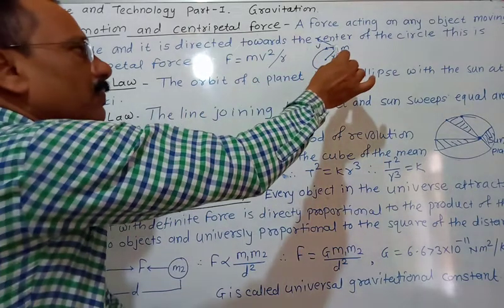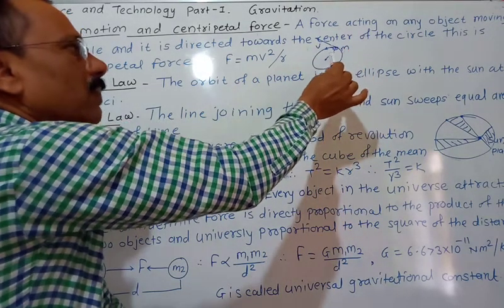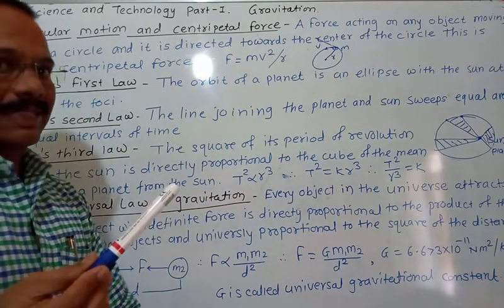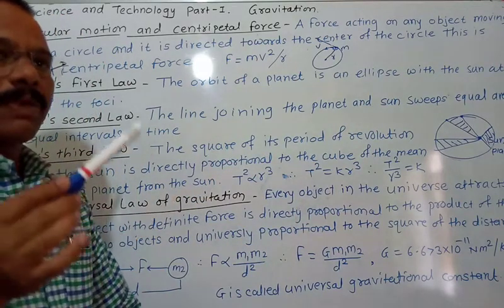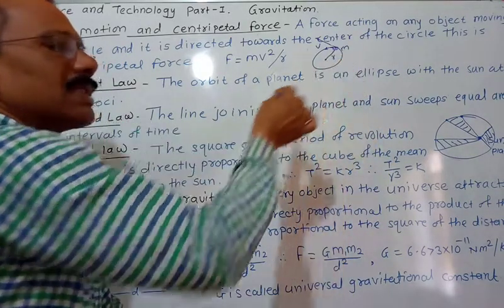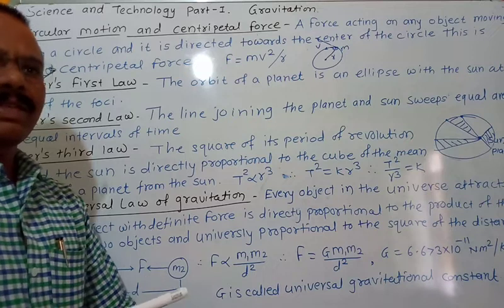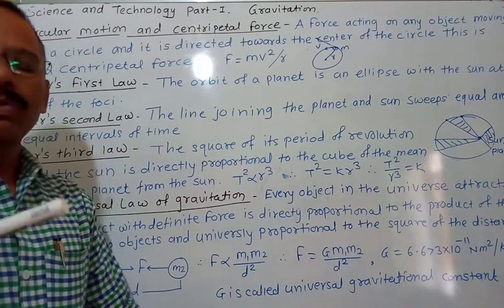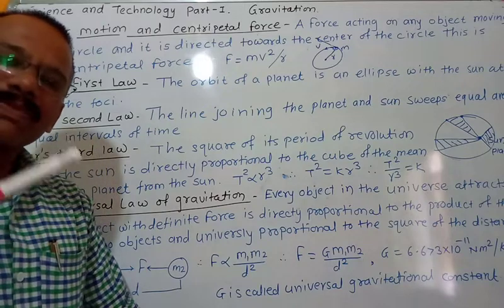Suppose we stop that force, not release the other hand but stop that force, then the stone would fall towards the center. Likewise, if the earth stopped that force on the moon, the moon would also come to the center.